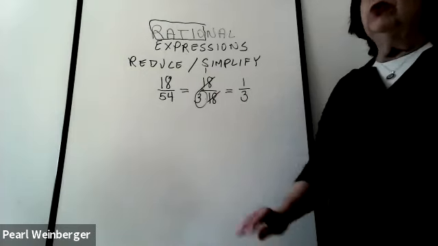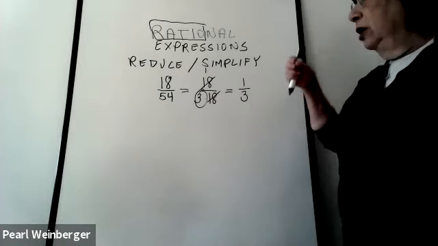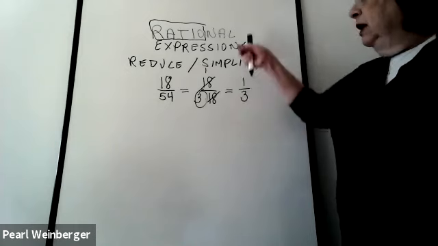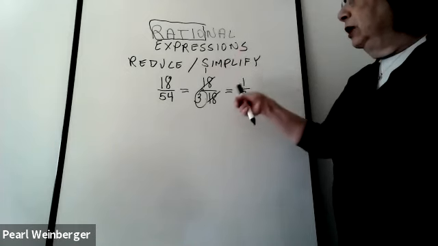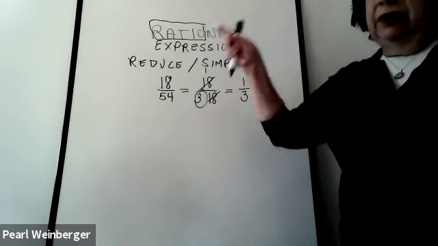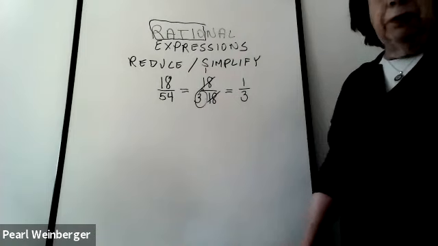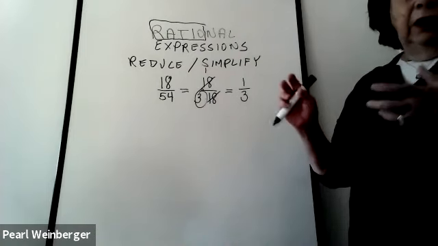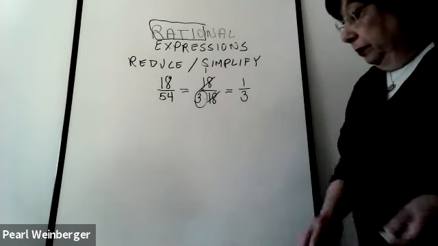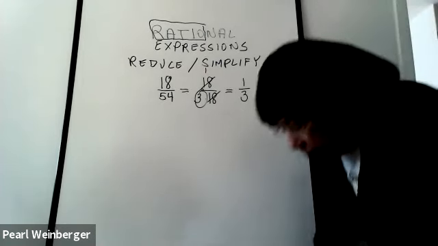So that's what's called reducing a fraction or simplifying a fraction. Remember what we look for: a common factor in the numerator and denominator that could be canceled out. Canceled out means it could just be crossed out, but really we're dividing the top and the bottom by the same common factor. So let's see if we had something that was a rational expression.